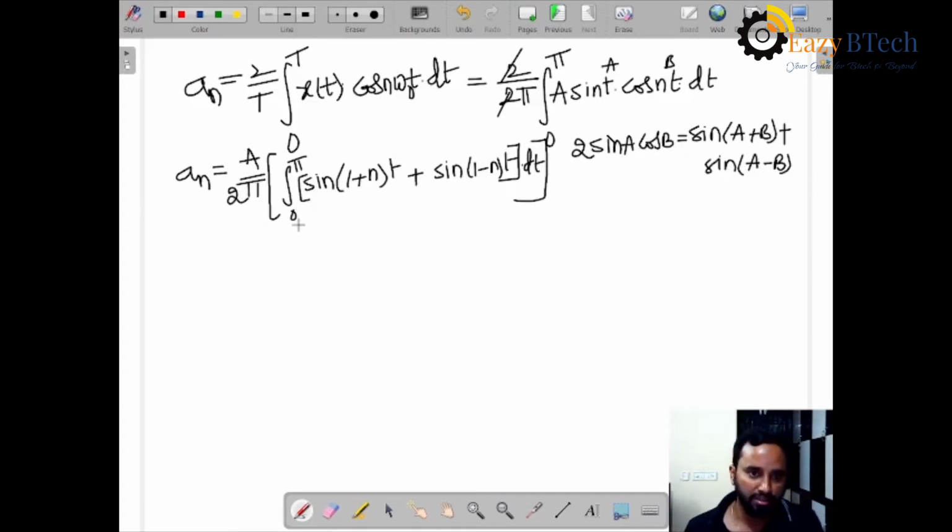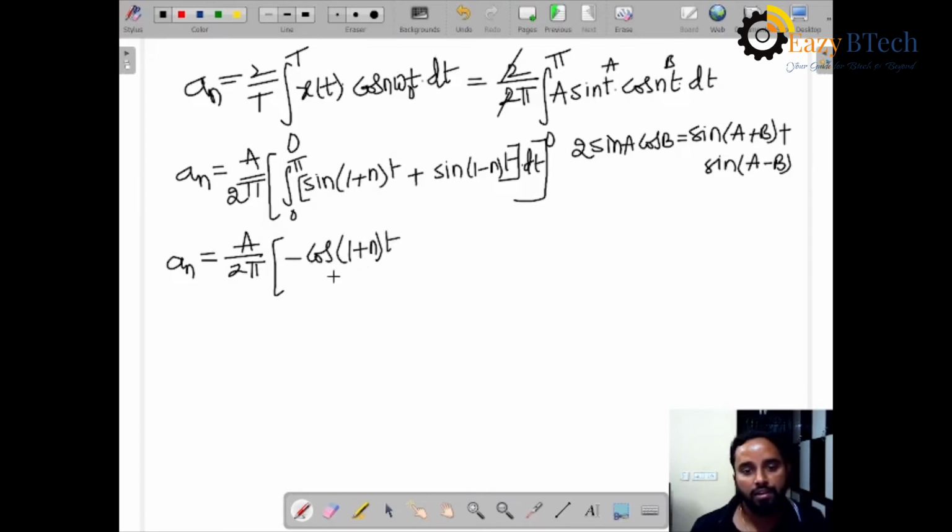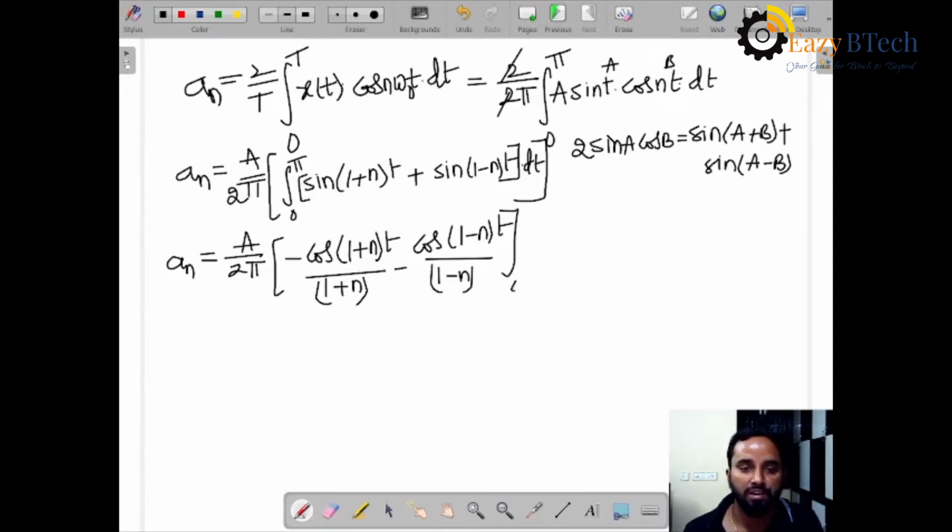So let's do the integration of sin((1 plus n)t) and sin((1 minus n)t). So an is equal to a by 2 pi. Here the integration of sin gives minus cos((1 plus n)t) divided by (1 plus n), and again minus cos((1 minus n)t) divided by (1 minus n). Limits are 0 to pi. Both terms have a minus, so take minus common: minus a by 2 pi.